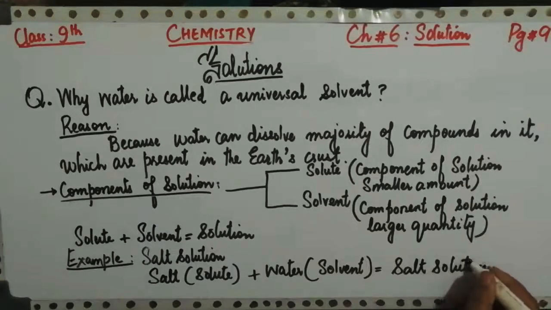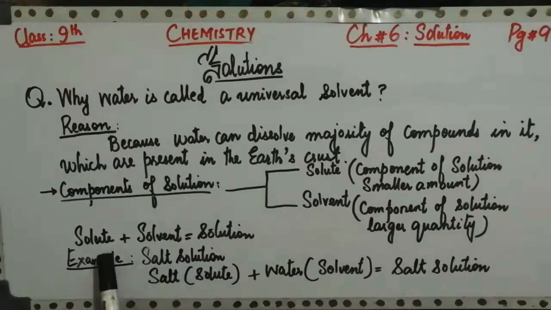So we can say that any substance that is dissolved is called the solute, and the substance or component of the solution in which substances are dissolved is called solvent.